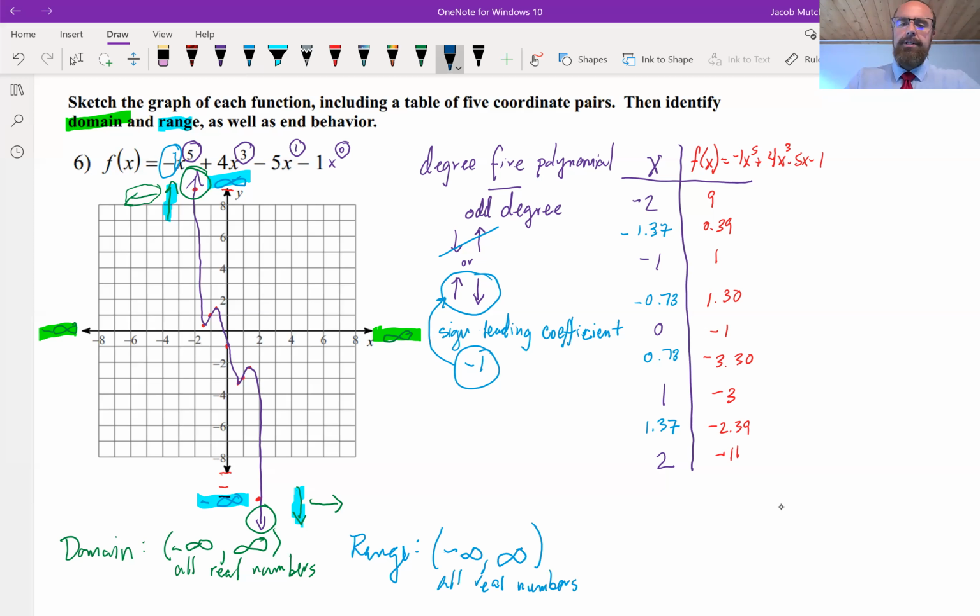Last consideration here is end behavior. And what we need to remember about end behavior is that we're looking at those arrow pairs again to describe what's happening to y. What's happening to y?